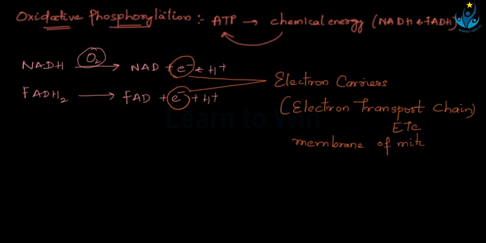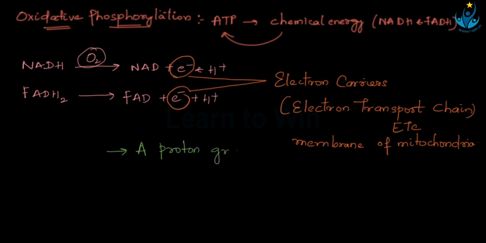When these electrons move through the different carriers, they establish a proton gradient.